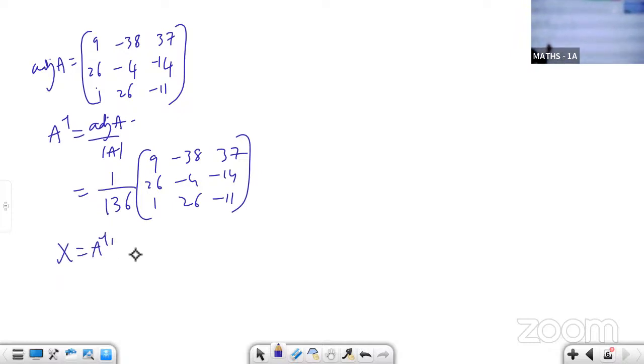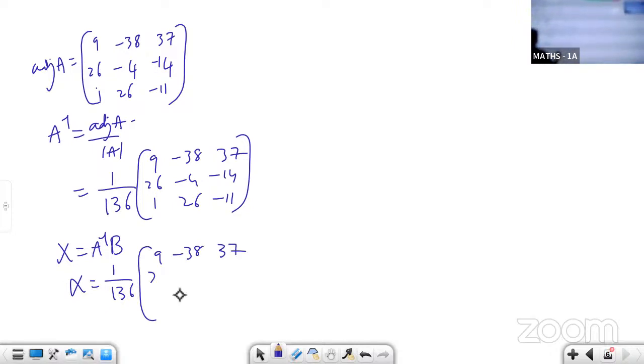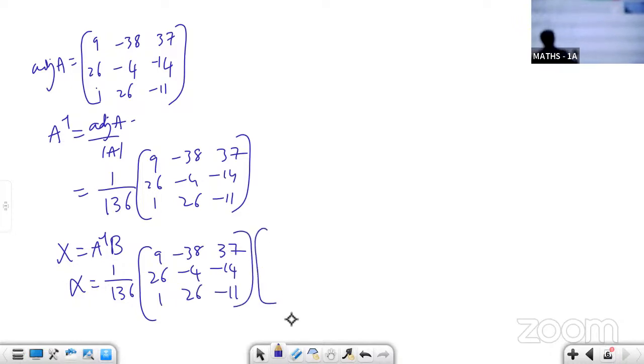A inverse into B, no? So, that is A inverse, just now I got it. 1 by 136 into 9, minus 38, 37, 26, minus 4, minus 14, into B. What was your B? Constants. That is 18, 13, 20.